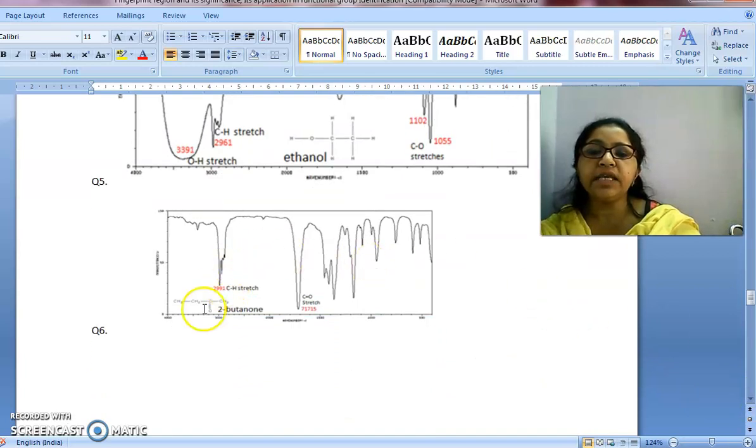Next one, if you see here, you are getting a very clear C double bond O stretching. If you look into the data, the same result you will get. Along with that, you are having C-H groups.